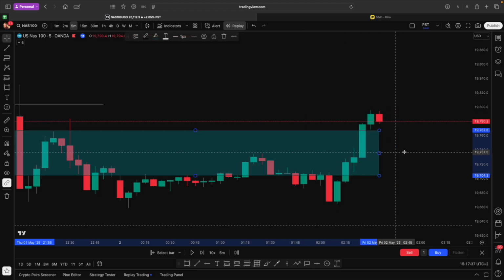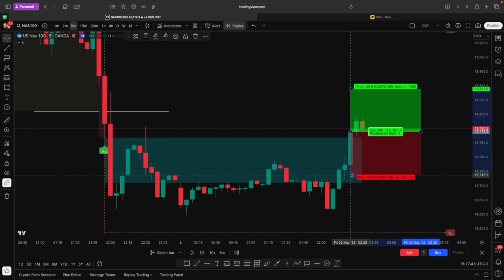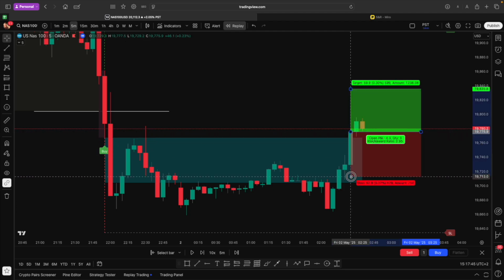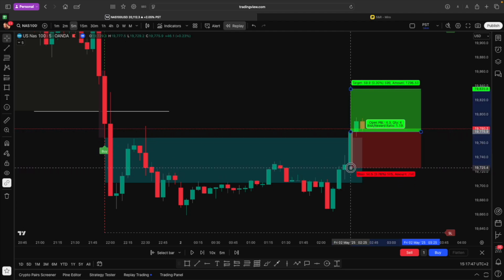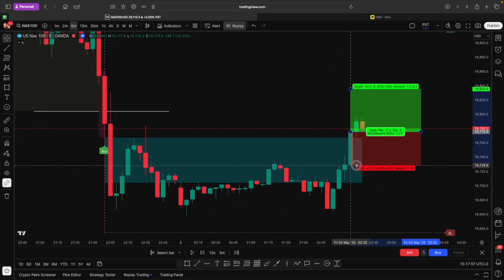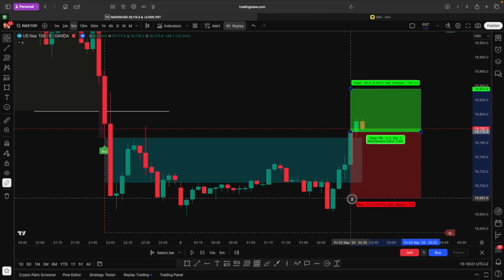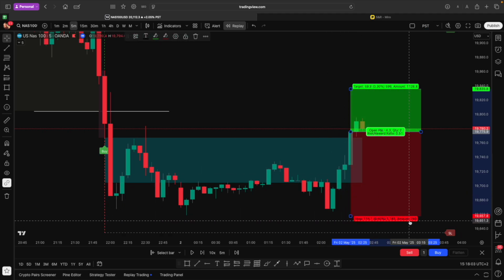There we go. We closed above our fair value gap. So you can enter right on the close and you can put a 500 pip stop right over here, or you could just put it below this one right over here. The reason I like a 500 pip stop is that sometimes the low is a little too far, and that's a 1,100 pip stop loss on NAS.